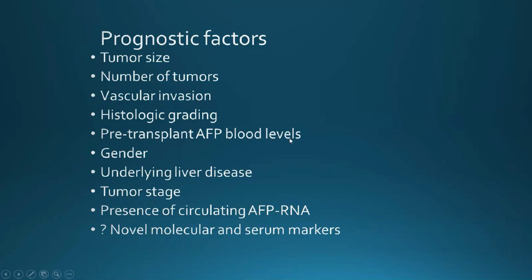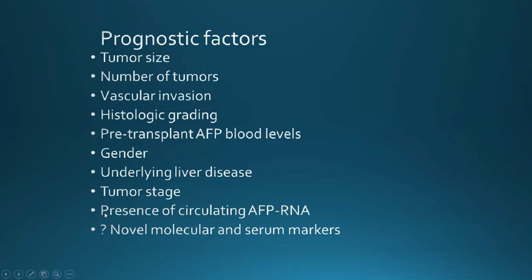Pre-transplant alpha-fetoprotein blood level. It is considered that if the alpha-fetoprotein is more than 400, that tumor has a bad prognosis and the recurrence rate is high, after resection or even after liver transplantation. Gender is important. Underlying liver disease, whether the liver is cirrhotic or not, and what kind of cirrhosis we have, and stage of the tumor.